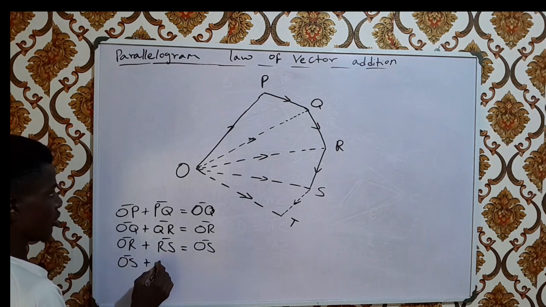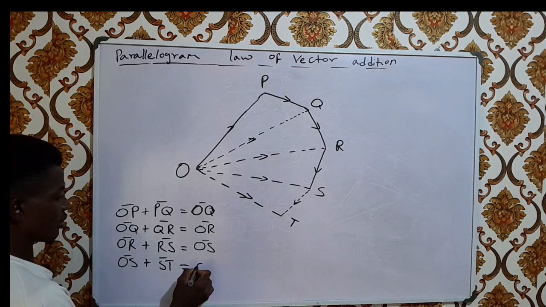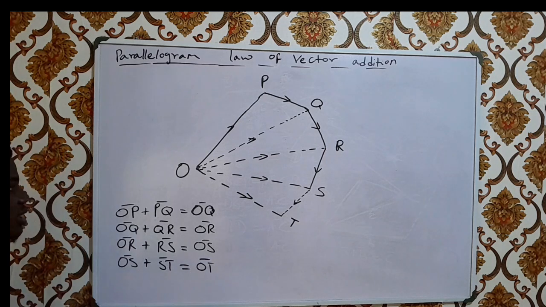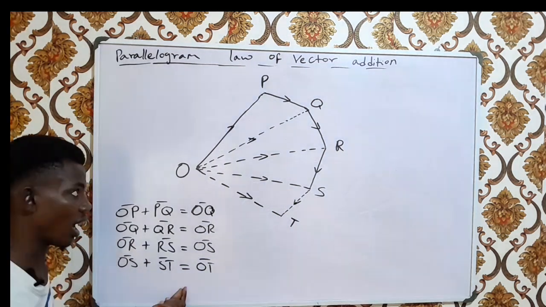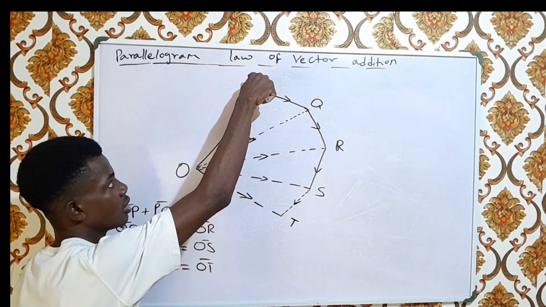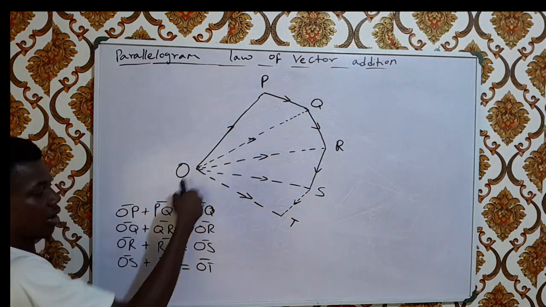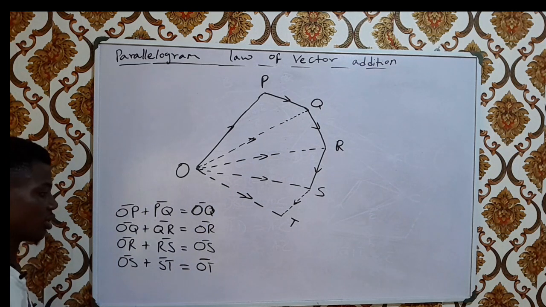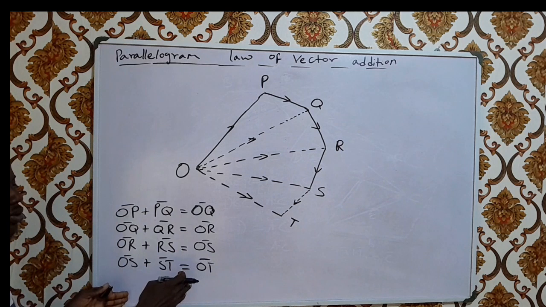OS plus ST is equal to OT. This is for vector addition. You can see moving from O to P, P to Q, coming back like this is the triangular law of vector addition. Now this one is adding two, right?